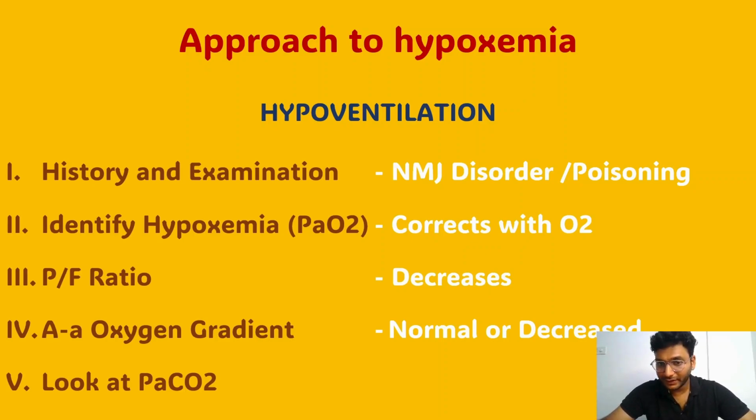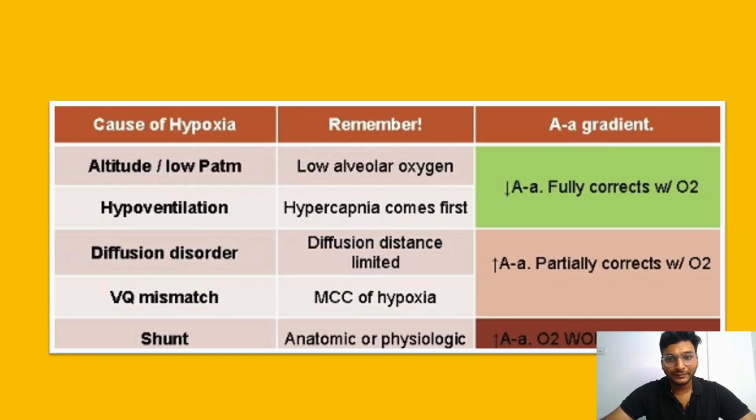So in hypoventilation and in altitude, the alveolar oxygen gradient will be normal. In all the other 3 conditions, you will have an increased gradient, and especially only in hypoventilation you can get an increased partial pressure of carbon dioxide, causing hypercarbia, right?